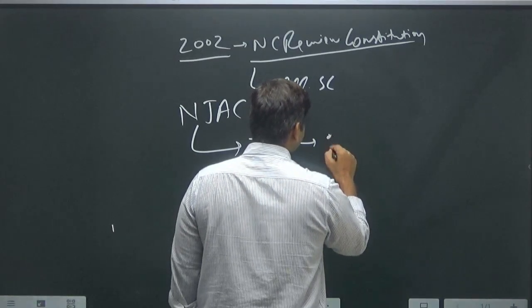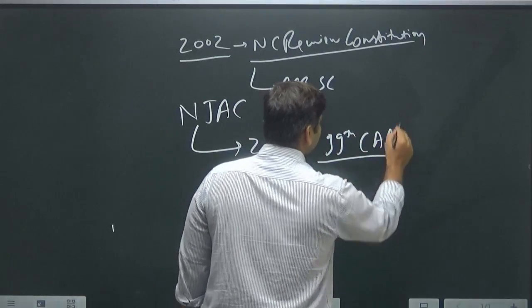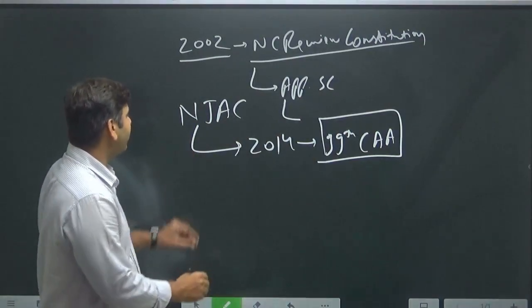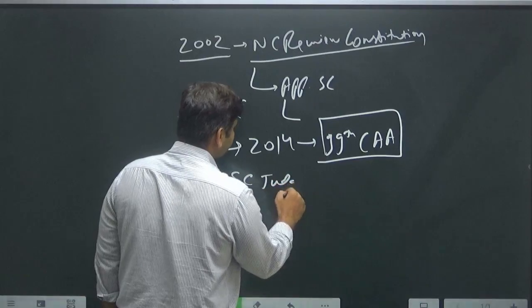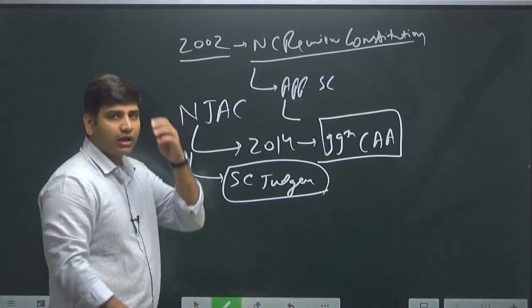It was the 99th Constitutional Amendment Act. This was the 99th Constitutional Amendment Act, which defined how the Supreme Court judges and the High Court judges were to be appointed.